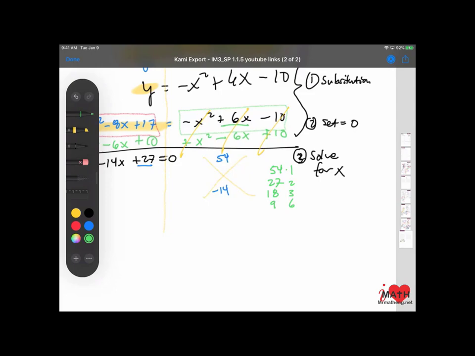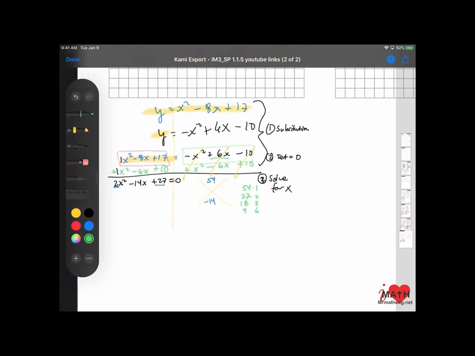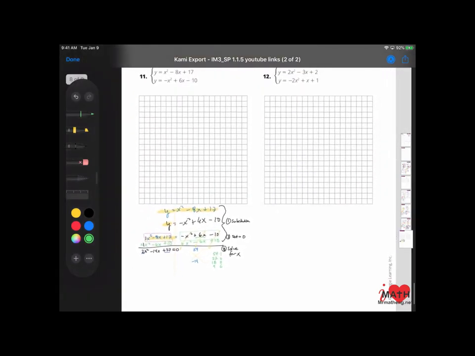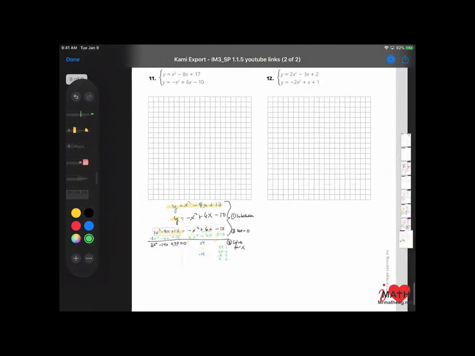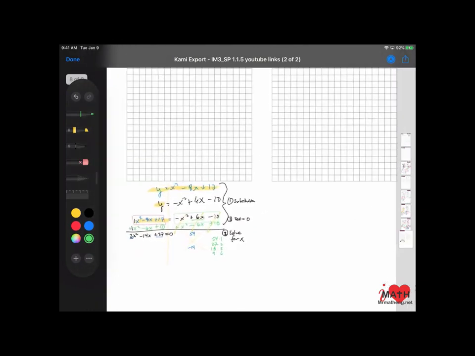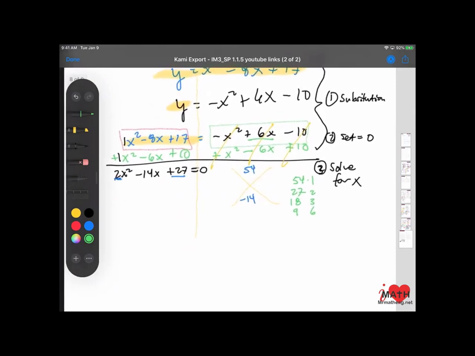I think that's all we got. Can I solve any of these problems here by factoring? Does not look like we can. Just double checking the numbers.